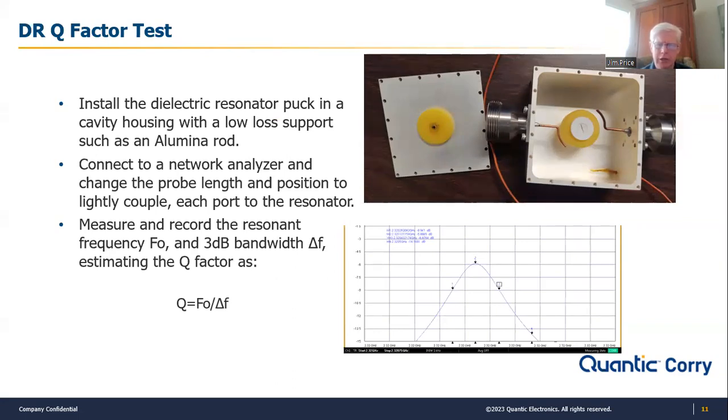And so you're seeing that I'm measuring 3 dB down points of the frequency response. That bandwidth, the difference between the 3 dB down point on the right and the one on the left, is the bandwidth of the response, and you divide the center frequency by that number, and that'll give you the Q.